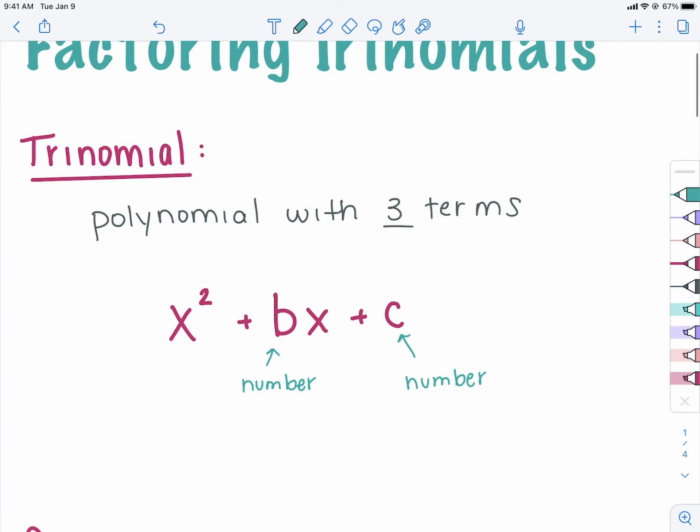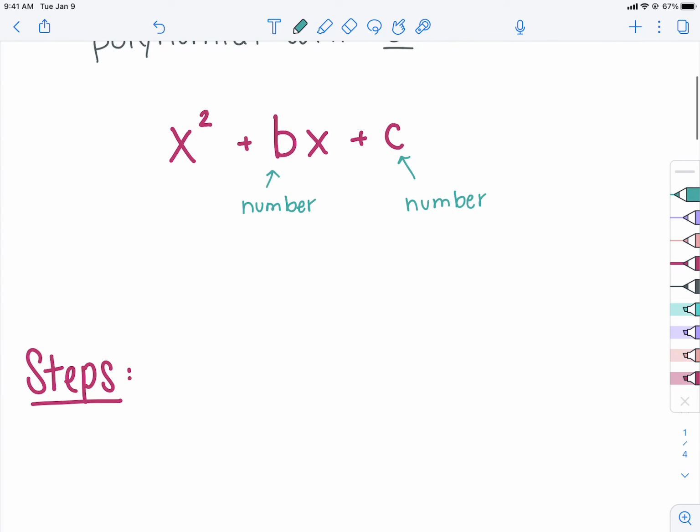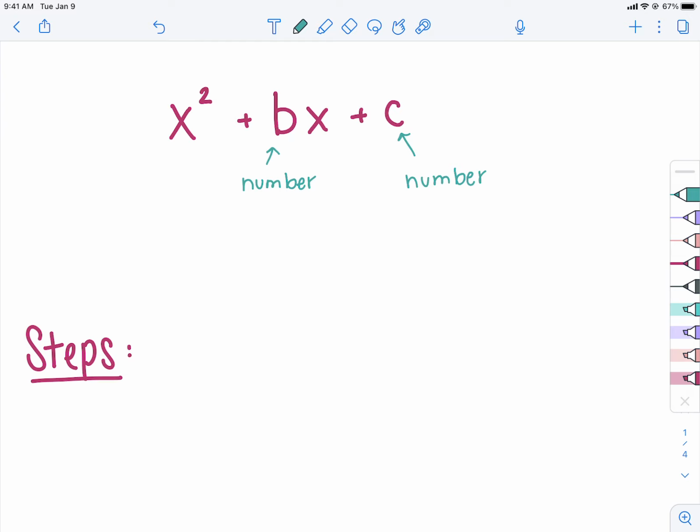So in order for us to factor these, we're going to first ask ourselves, what are all the factors of C?